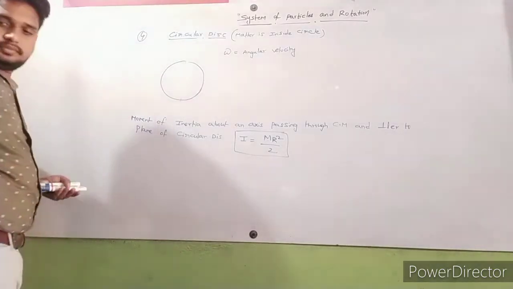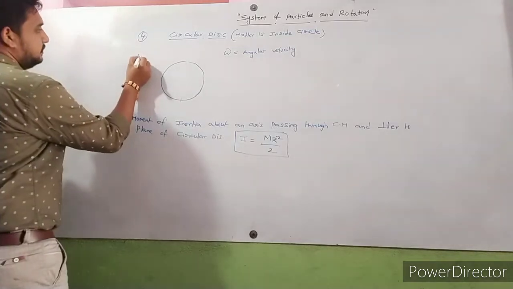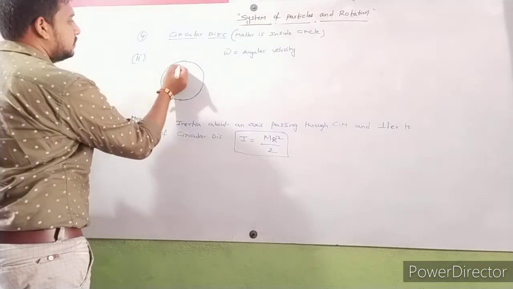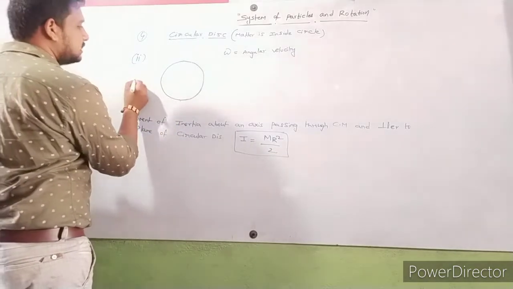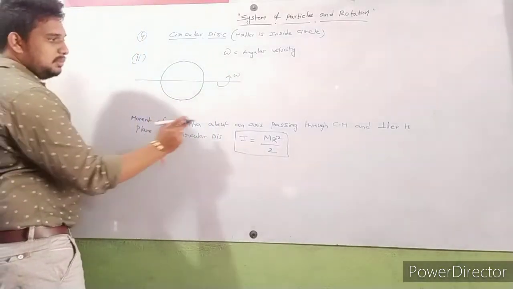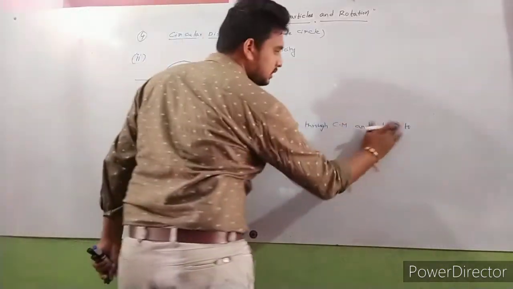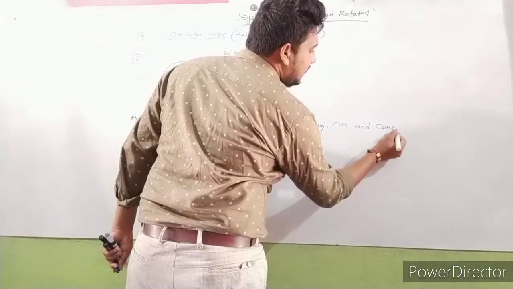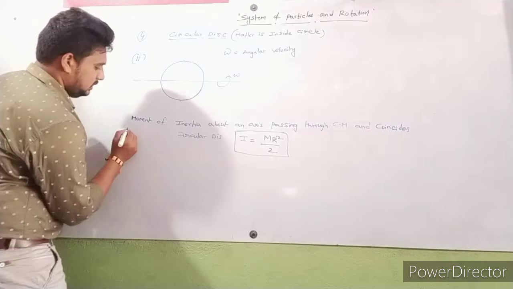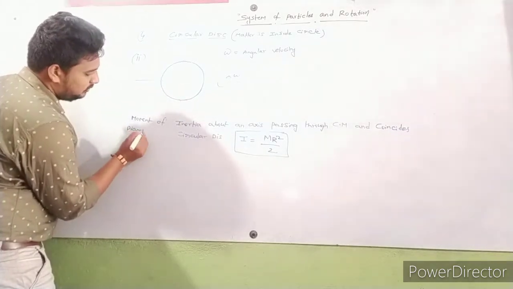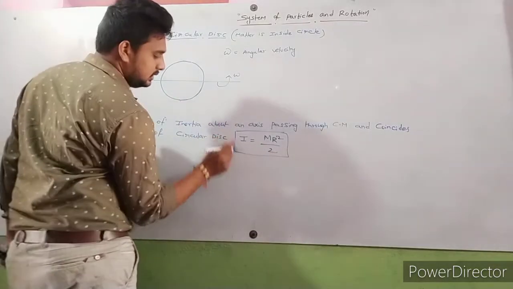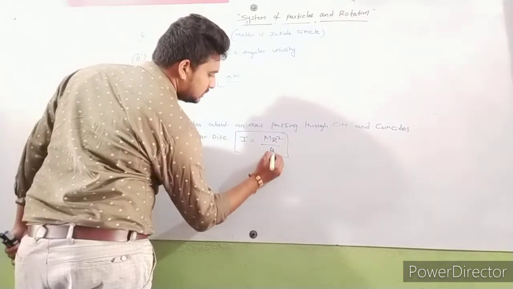Case 2. Axis passing through diameter. Moment of inertia about an axis passing through center of mass and coinciding with the diameter of the circular disc, we got mr square by 4.